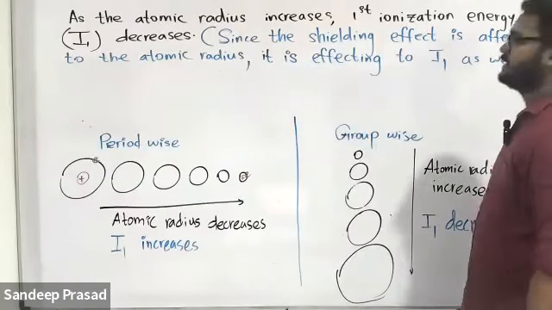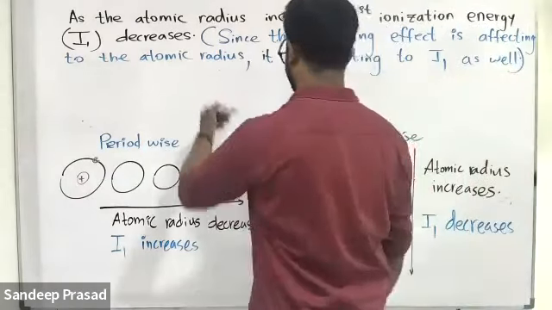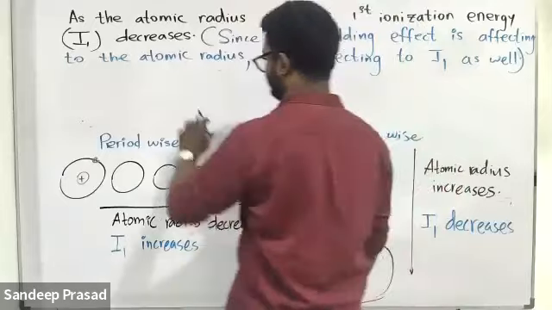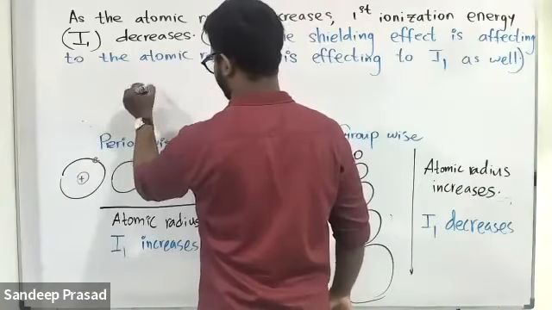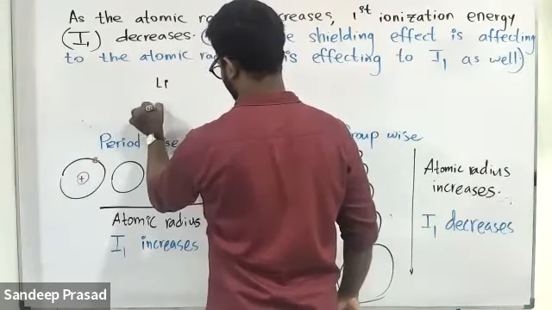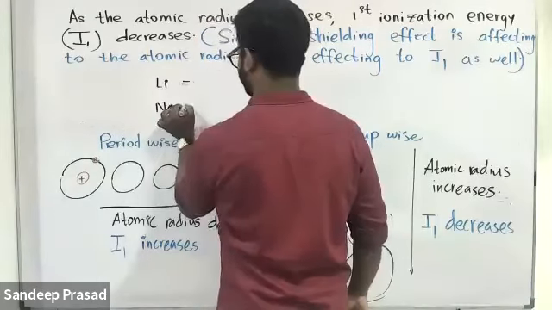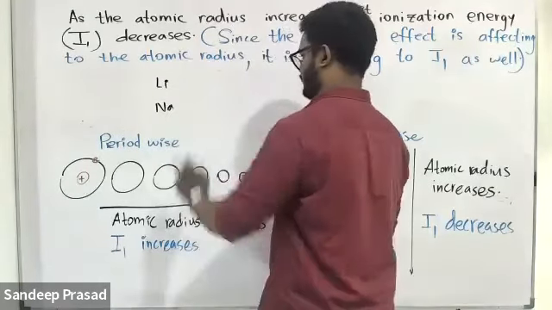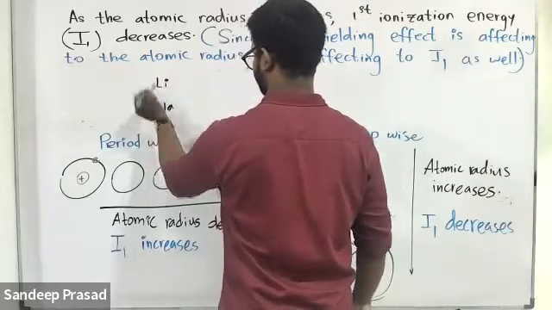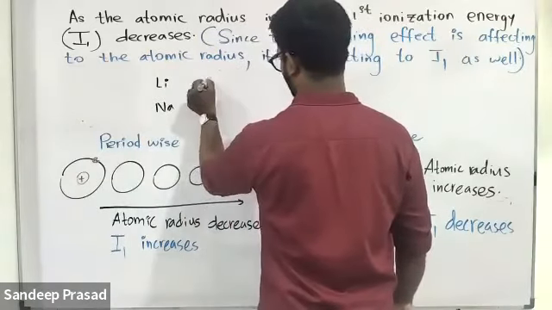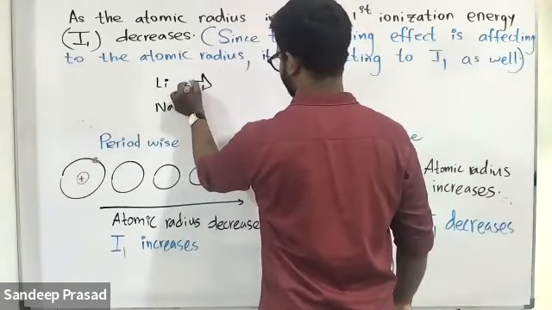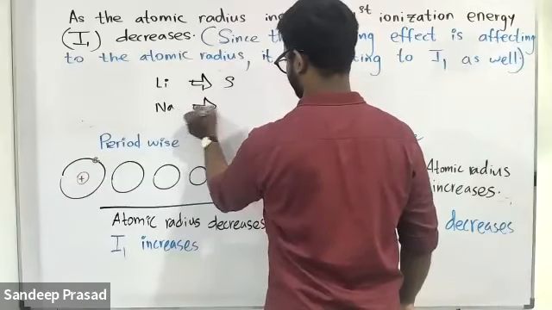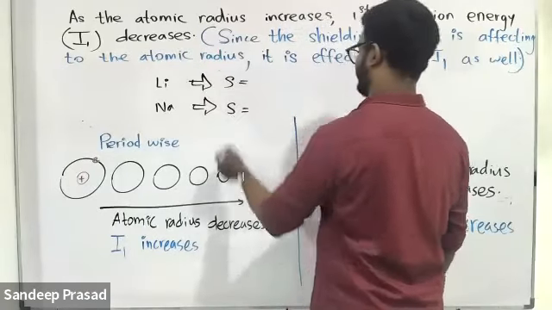For example, to explain that shielding effect scenario, look at this one. If I consider lithium and sodium, which one has the highest radius? Let's consider shielding effect. Shielding effect is the number of core electrons.